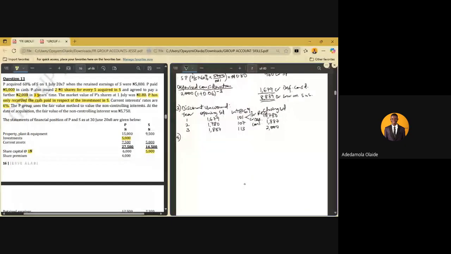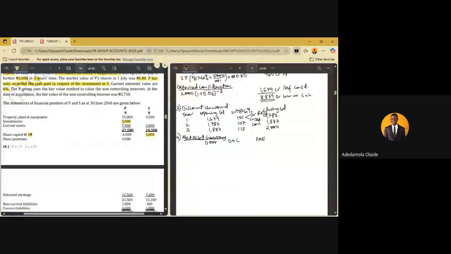Note 4 will now be to calculate the net asset summary, at the date of acquisition and at the date of consolidation. So we will have what?